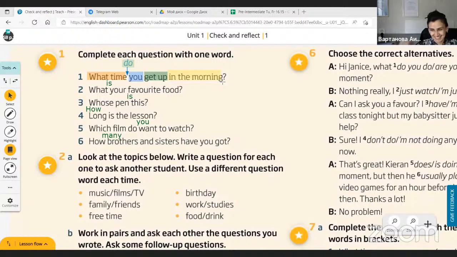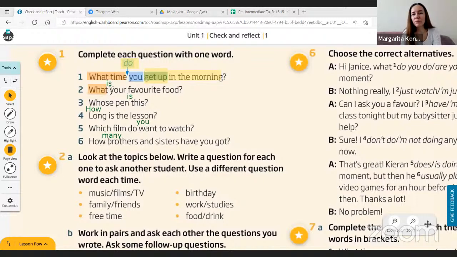Okay, but sometimes we have questions that do not have the verb. Then our auxiliary verb changes. Let's look at question number 2. In this case, what comes in the first place? Question word.